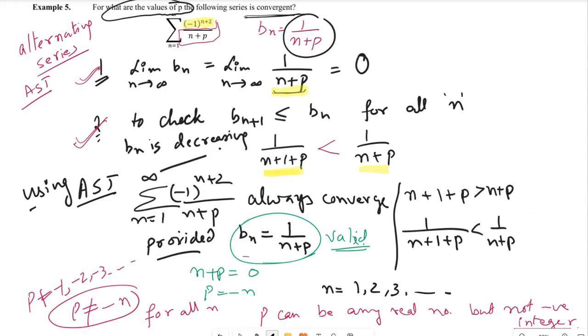We want Bn, the term itself, to be valid. The term will be valid if the denominator is not 0. So that is the only condition. We can have any p value except negative integers.